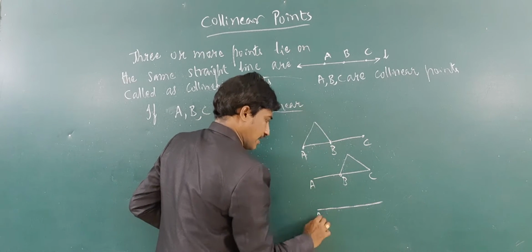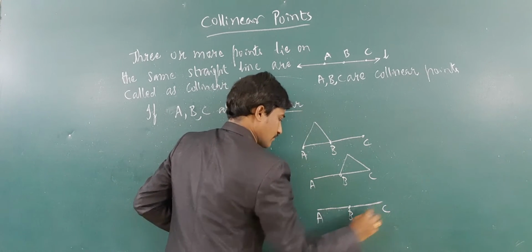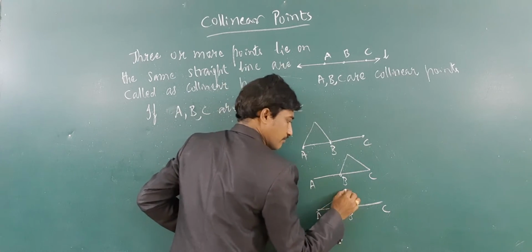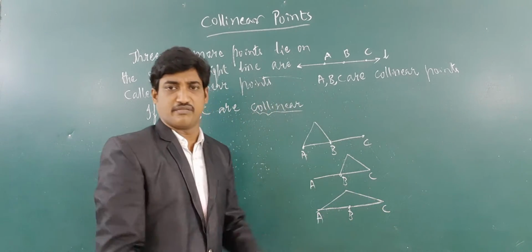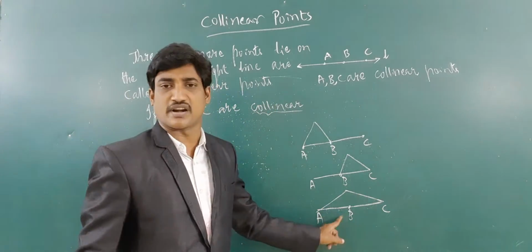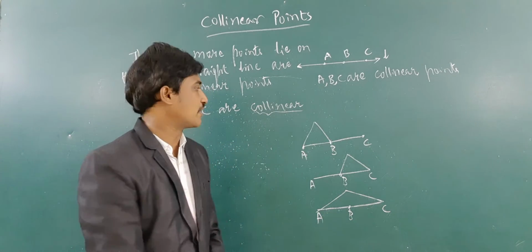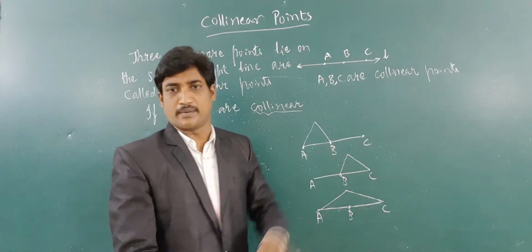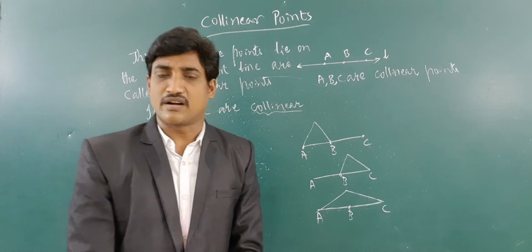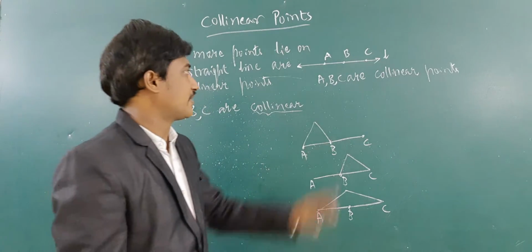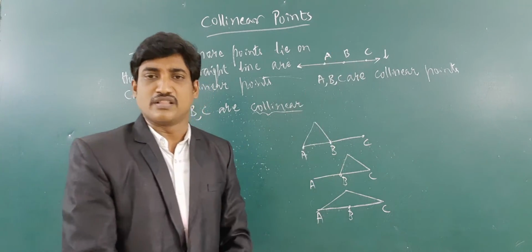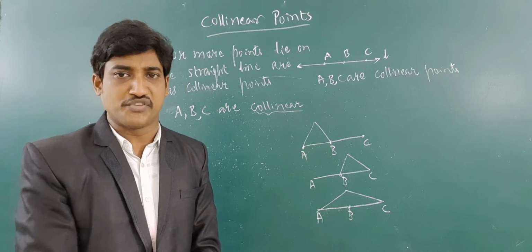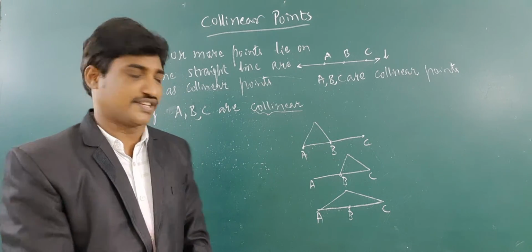If I draw a triangle by taking A and C as vertices, B is not a vertex. So if A, B, C are collinear, we cannot draw a triangle with all 3 points A, B, C as the vertices.